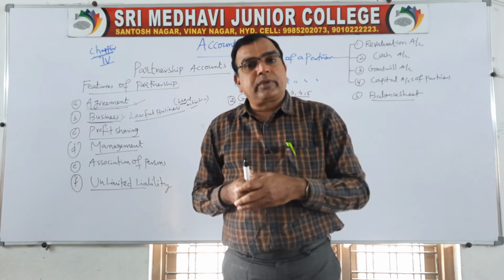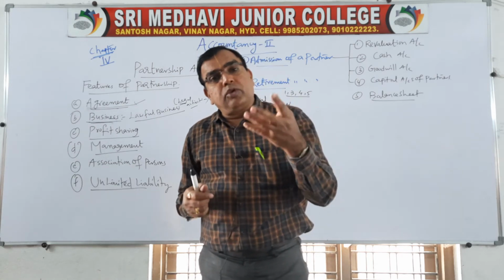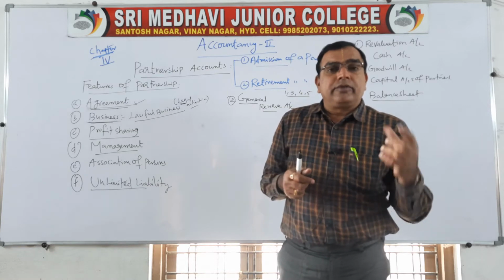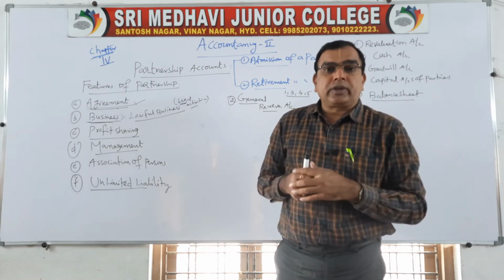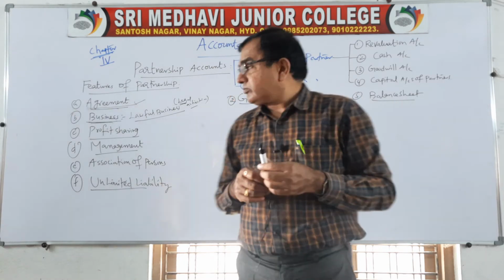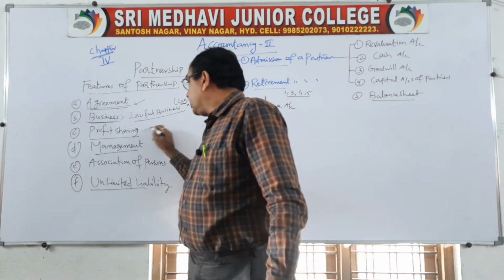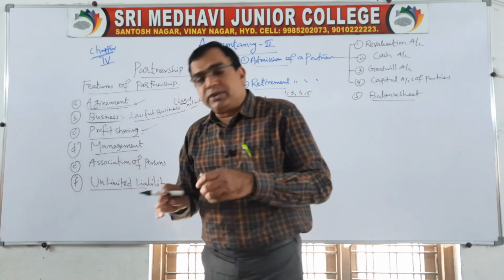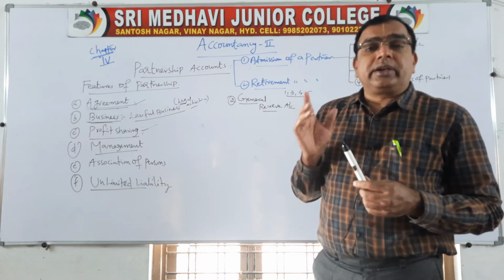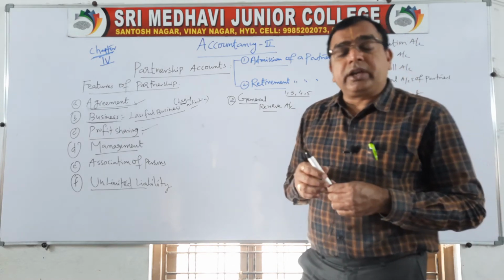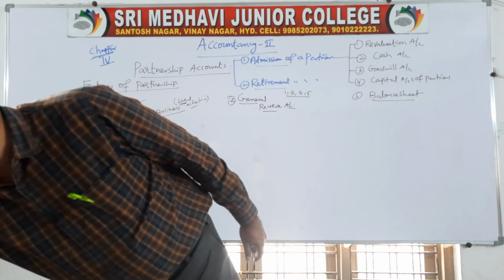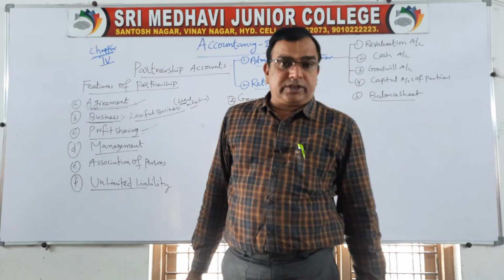You cannot do that. So what you have to do is either go for manufacturing of goods, or distribution of goods, or some services which are accepted by the law. So the business you form must always be a legal one. Then profit sharing. As you all know, any business is carried out with the intention of earning profits. Any business in the world is carried out with the intention of earning profits. So these partners have to mention in what ratio they are going to share the profits and losses.